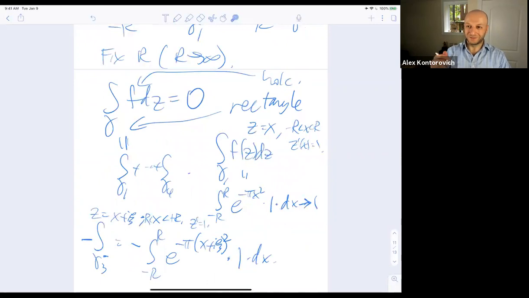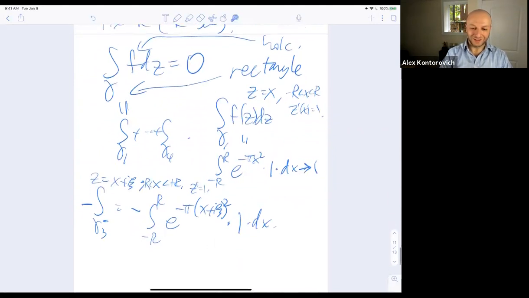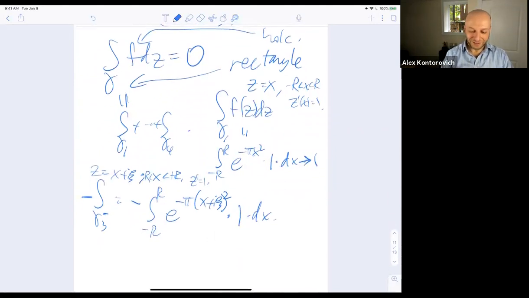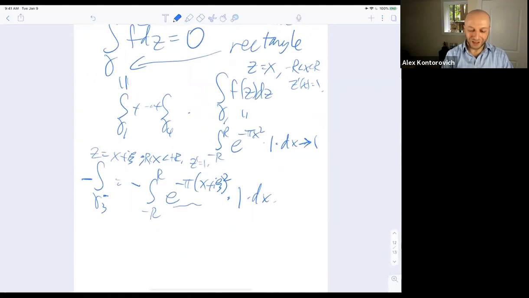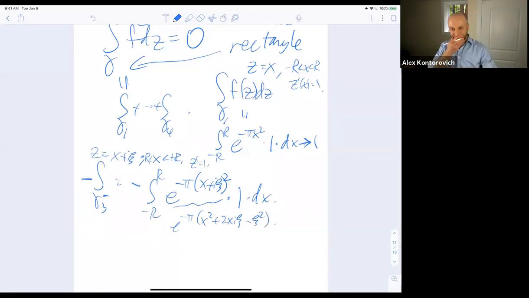Is that good? Okay. Let's multiply this out. What do I get here? I get e to the minus pi x squared plus 2xiC minus C squared. So what do I get in total?